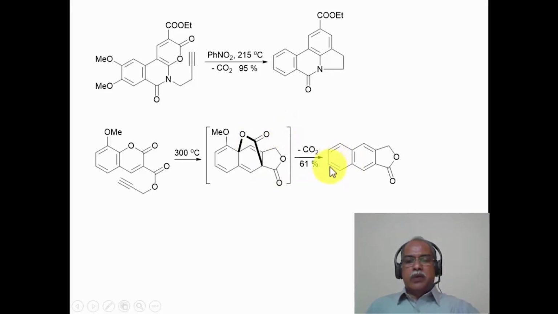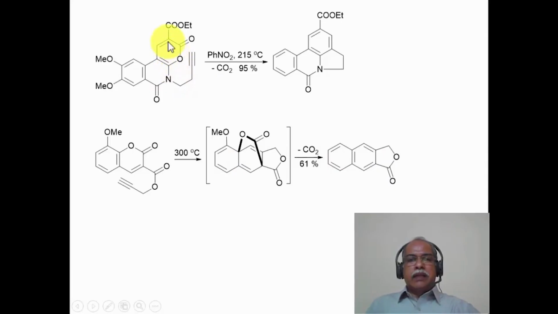So loss of CO2 essentially produces this particular adduct. So the initial Diels Alder reaction between the alpha pyrone diene, which is this particular fragment as a diene, and the dienophile, which is acetylene in this particular case, results in the formation of the adduct, which is unstable under the reaction conditions of 300 degrees. Loss of carbon dioxide essentially produces this aromatic unit here.